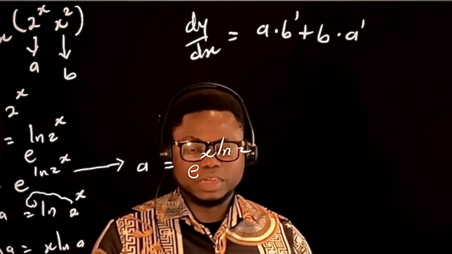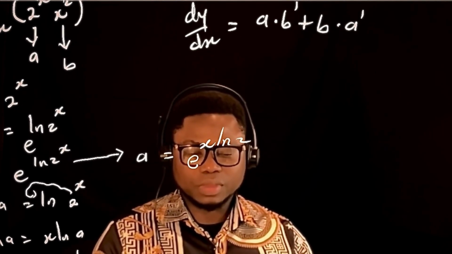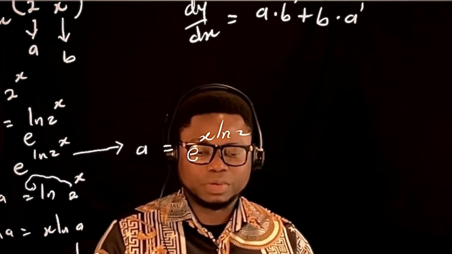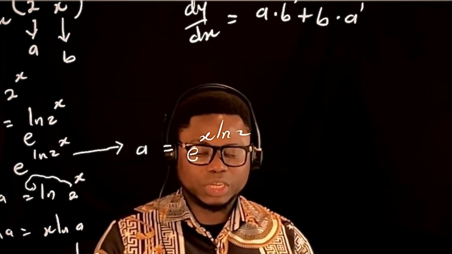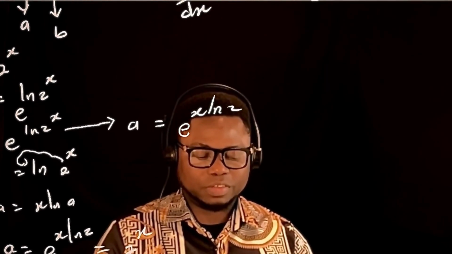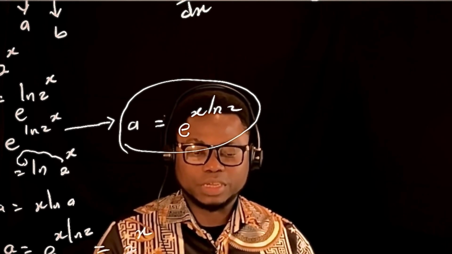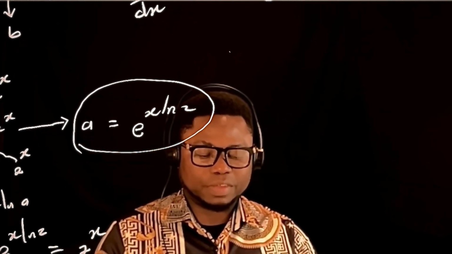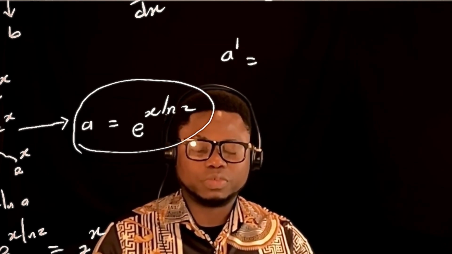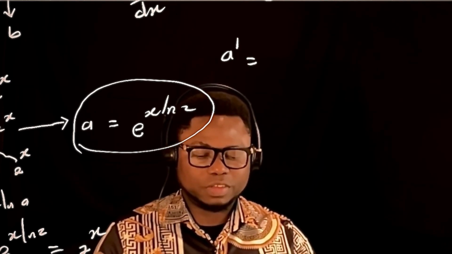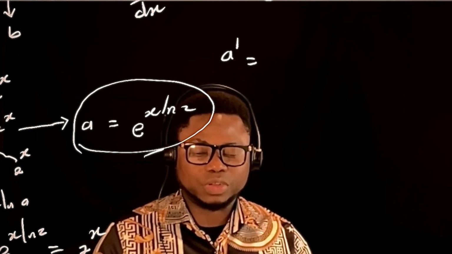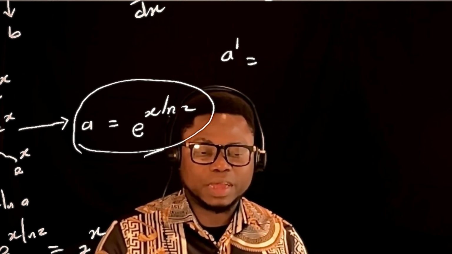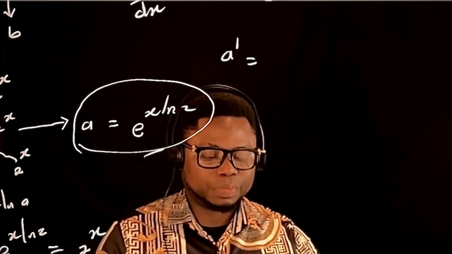To get the derivative of a as a prime, I'm going to differentiate this expression now. So a prime will be equal to the derivative of e raised to the power of x ln 2. There's a formula I'm going to apply.